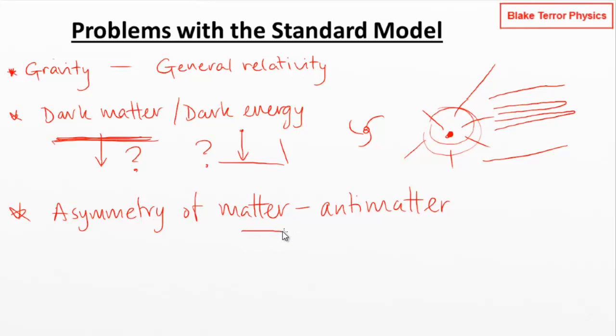So we've got matter and antimatter. But why is it that everywhere we look around the universe, we're seeing loads of matter and we're not seeing the same amount of antimatter? Why is there lots of one and not the other? Why is there this asymmetry?